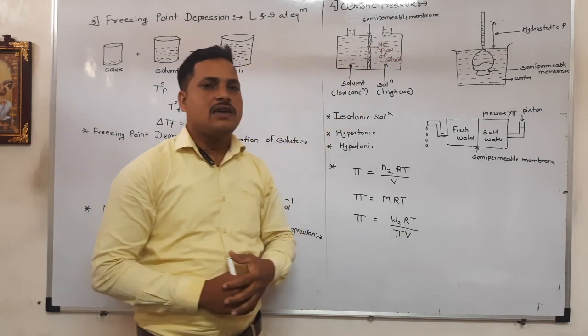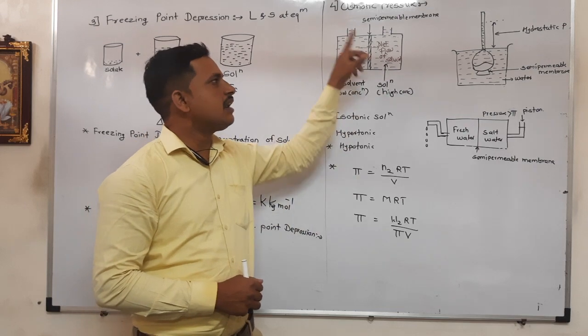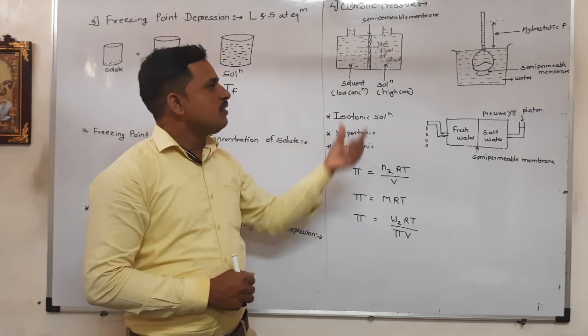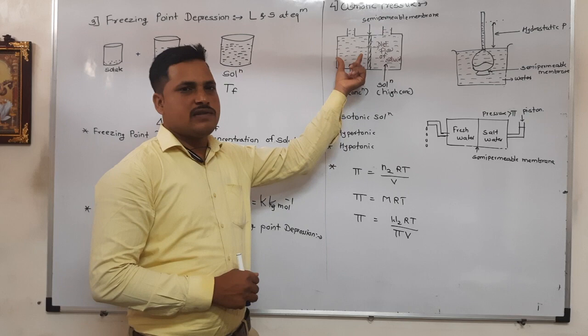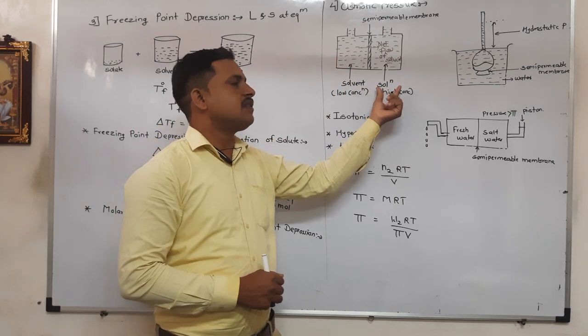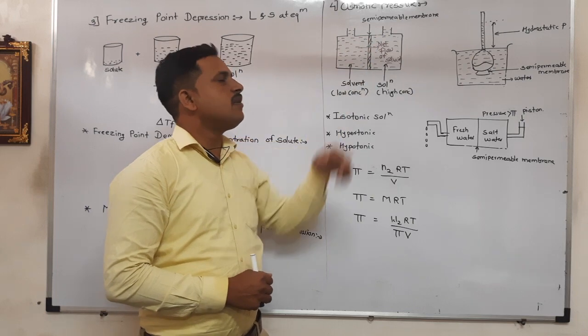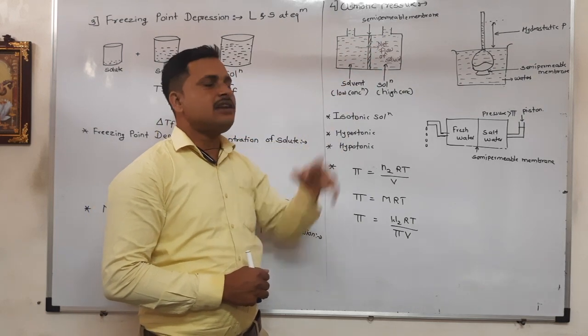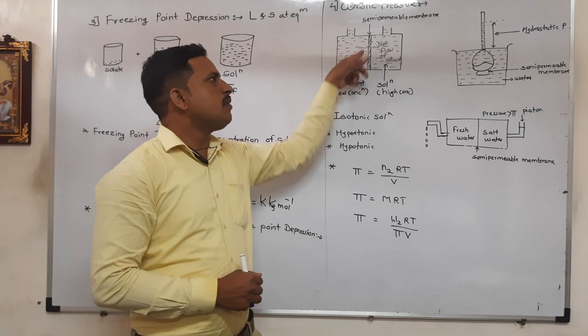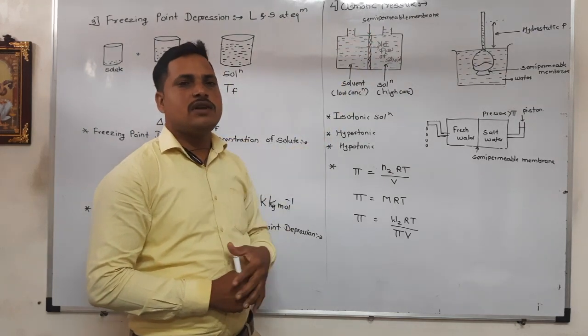Next, what is meant by osmosis? Here is one diagram. In this diagram, the solvent molecules come in contact with the solution, but there is a semi-permeable membrane between the solute and solvent. The semi-permeable membrane allows only solvent molecules.